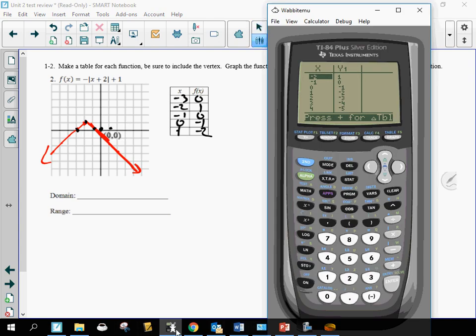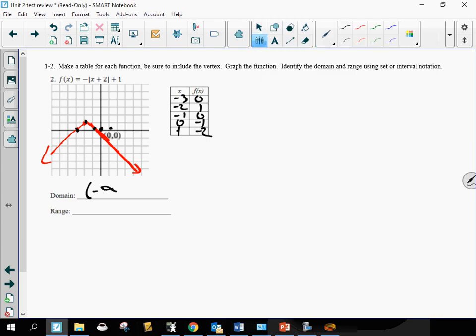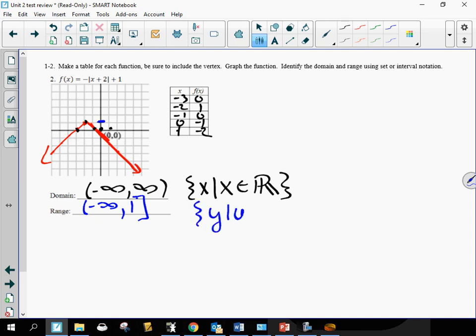So the domain is all real numbers, so -infinity to infinity, or in set builder notation, all values of x such that x is a member of the real numbers. The range, though, is -infinity up to 1. Remember, we're talking about y values here. In set builder notation, it's all values of y such that y is less than or equal to 1.